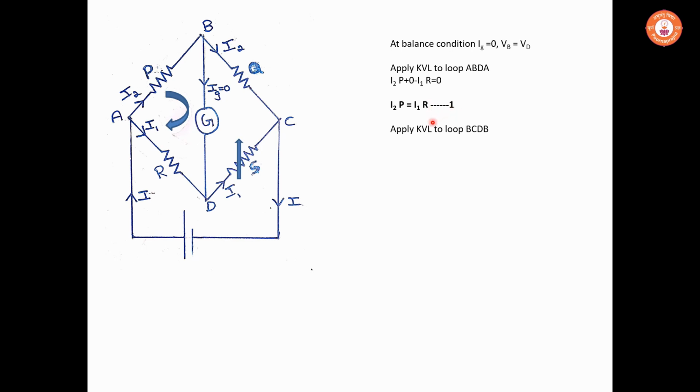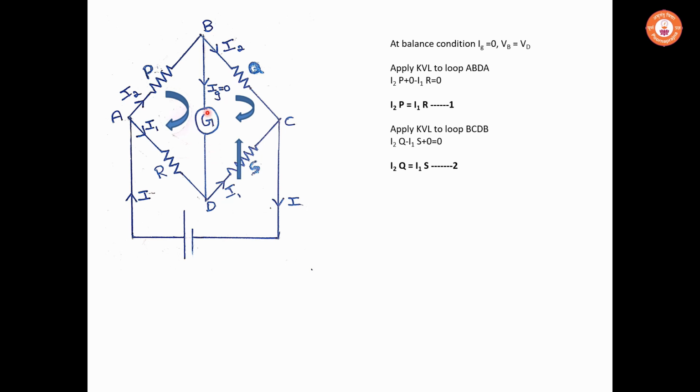Now apply Kirchhoff voltage law to this loop BCDB. Again we have taken clockwise direction. So according to Kirchhoff voltage law, I2Q minus I1S, because the current flow direction is opposite, so the sign changes to negative.